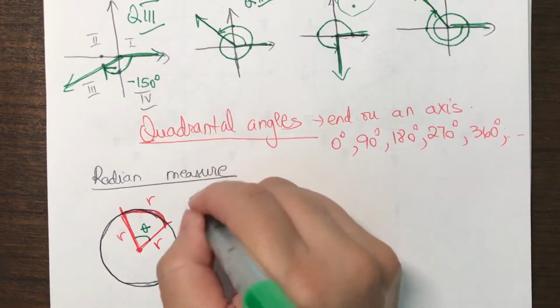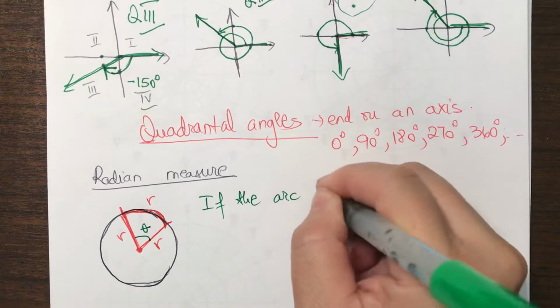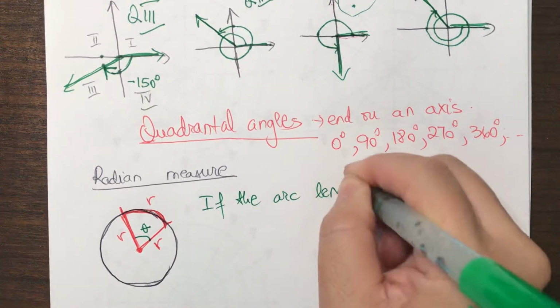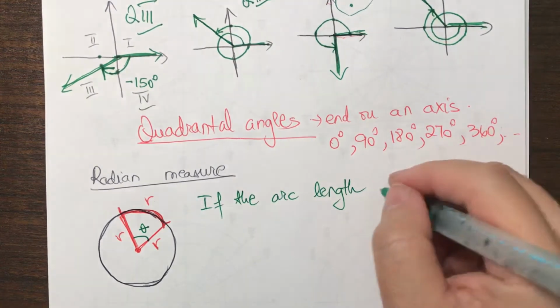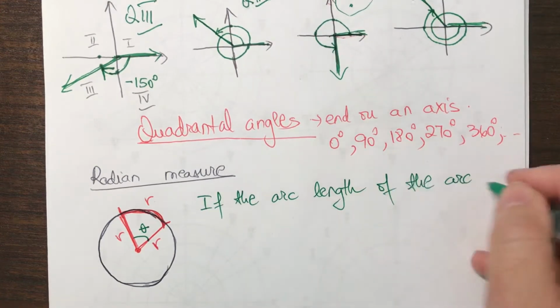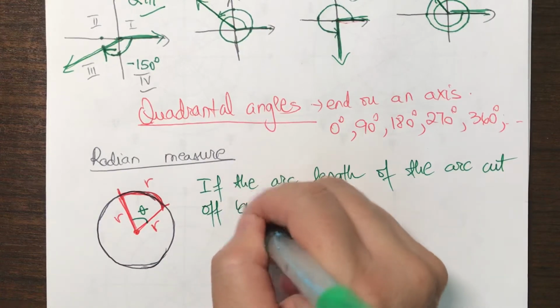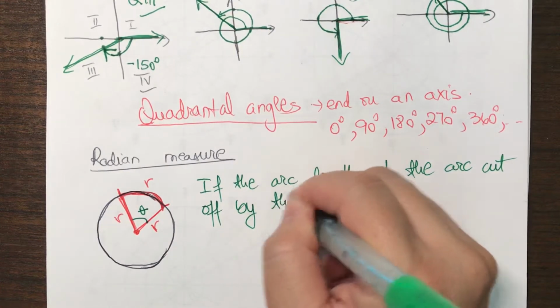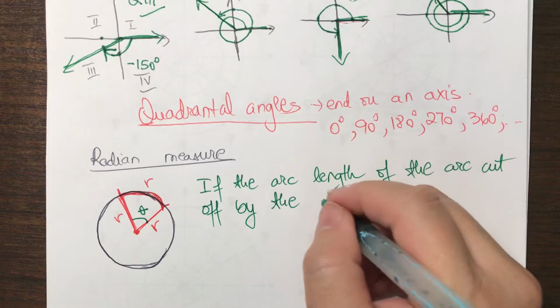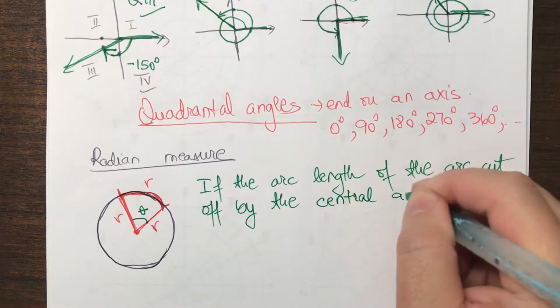So if the arc length of the arc cut off by the angle, I'm going to call this the central angle. So what's a central angle?